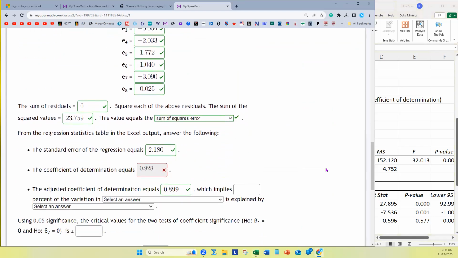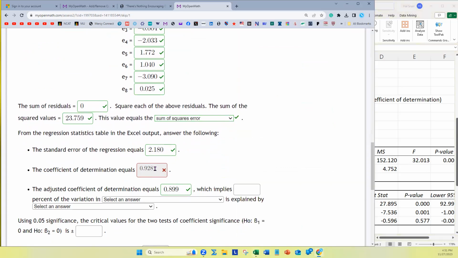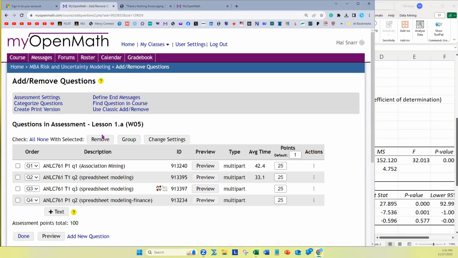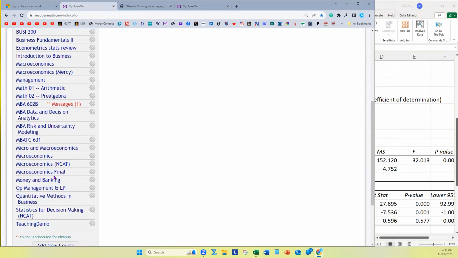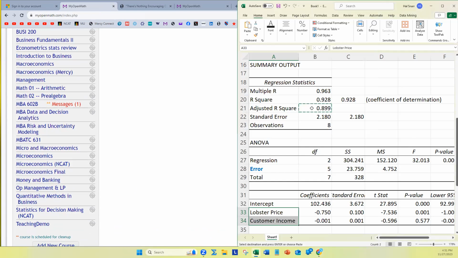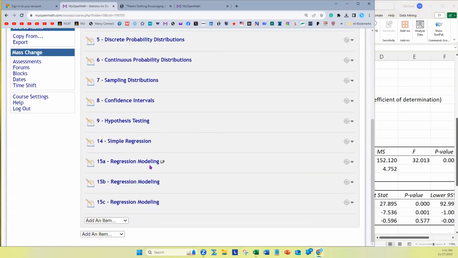Uh-oh. What happened here? 0.928 doesn't work. That's weird. Did you check R squared? Yeah, it should be 0.928. Did you guys work? Yes.